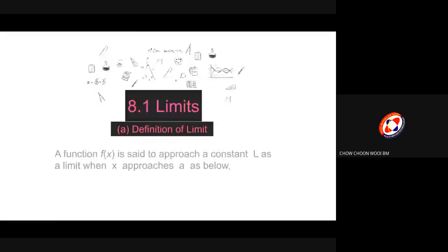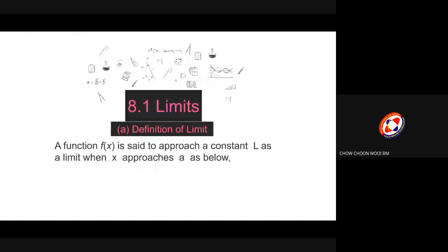So limits, definitions of limits. A function fx is said to approach a constant L as a limit when x approaches a as below. So the limit of fx is equal to L as x approaches a.